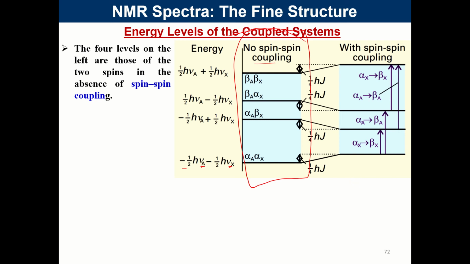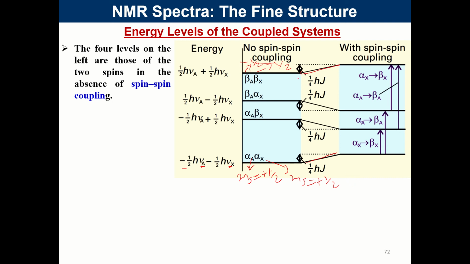The moment they interact, there will be additional contribution due to the interaction, the J coupling constant. So when both are alpha alpha, sorry, ms is equal to plus half for both, or here, when both have ms minus half, in these cases the energy is raised by 1 by 4 hJ.